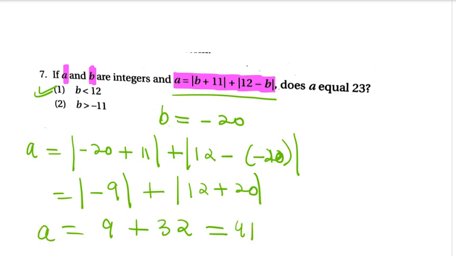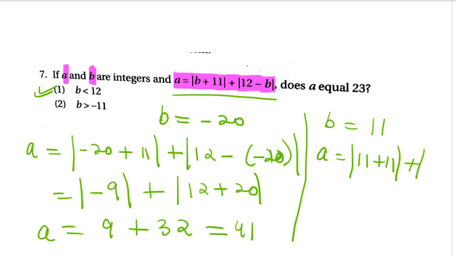So till now we haven't got it, but what if I take B is equal to 11? Then A will be equal to mod 11 plus 11 plus 12 minus 11. So this is 22 plus 1, that is 23.